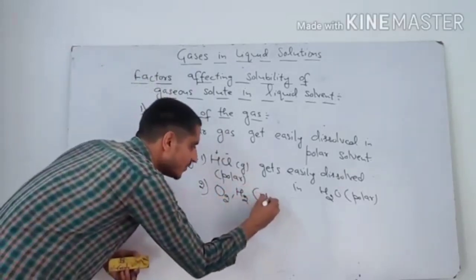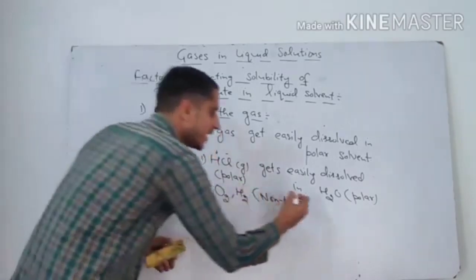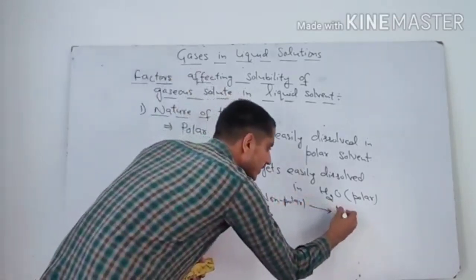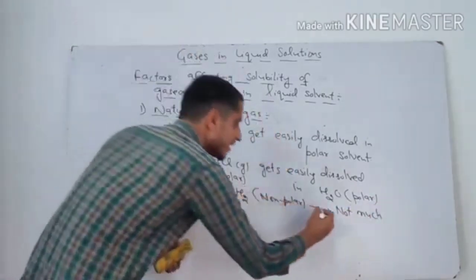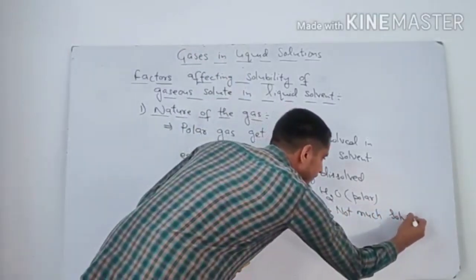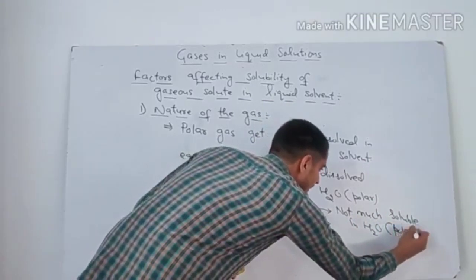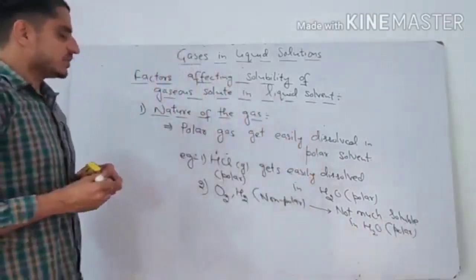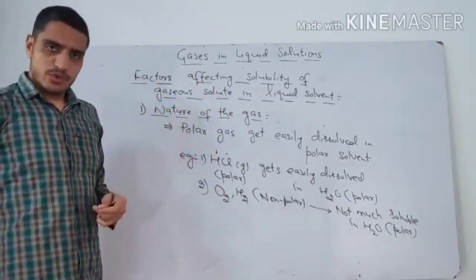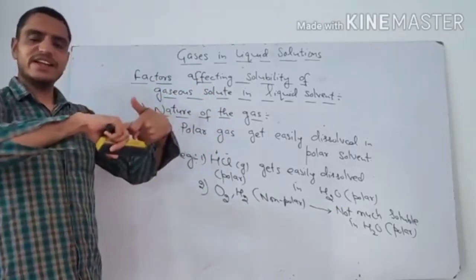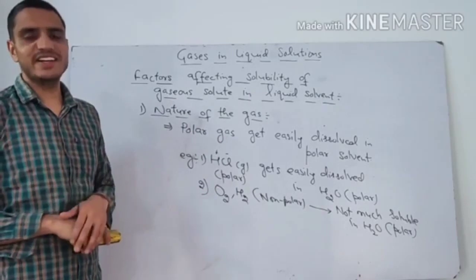So they are not much soluble in water. Why? Because if the gaseous solute is polar and the solvent is also polar, both are polar, then they get easily dissolved. But if one is polar and the other is non-polar, then the solubility decreases.